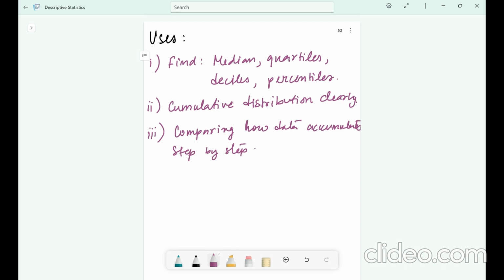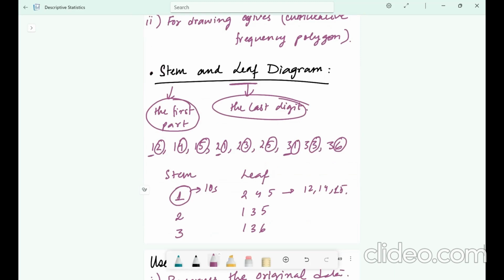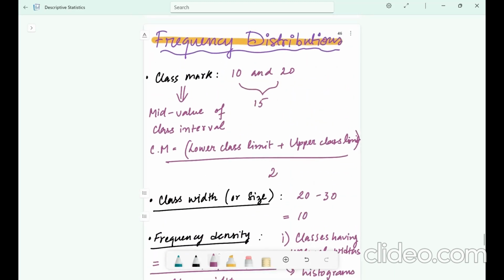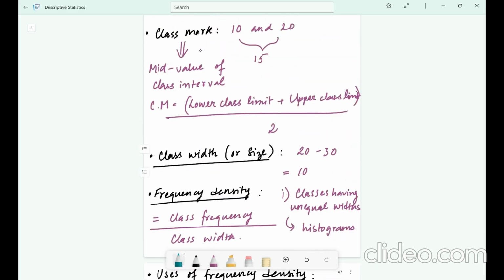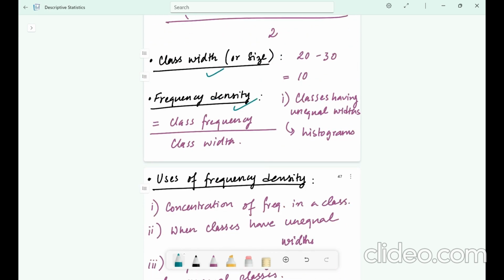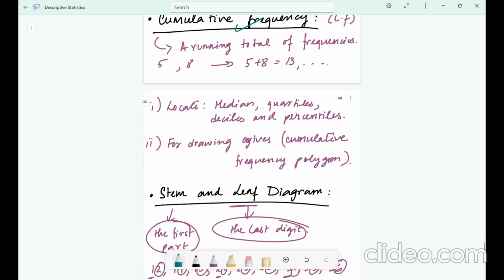So today we covered class mark, then class width, frequency density, uses of frequency density, cumulative frequency, and again its uses.